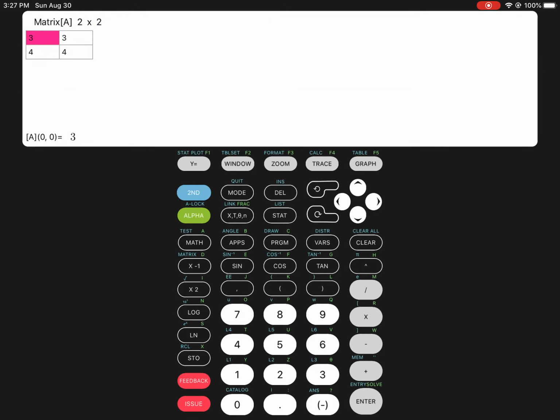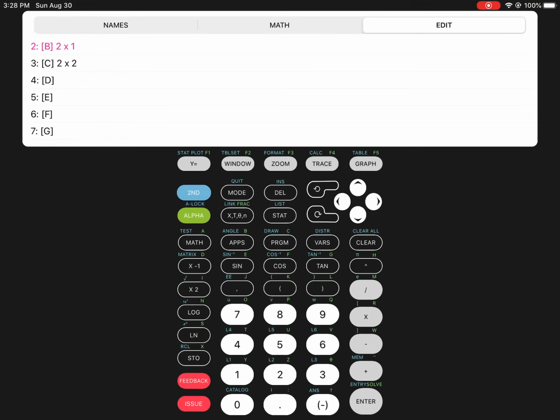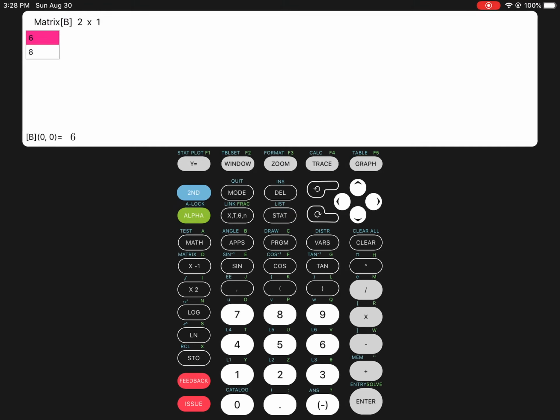I already have it set up as a 2 by 2, -3, 4, 2, -1. Second quit, just to go back to the blank screen. Matrix B is 5, -10, so second matrix, edit, B. I already have it as a 2 by 1 also.